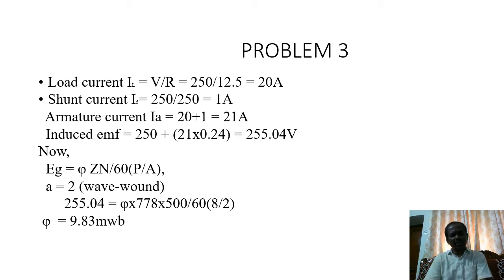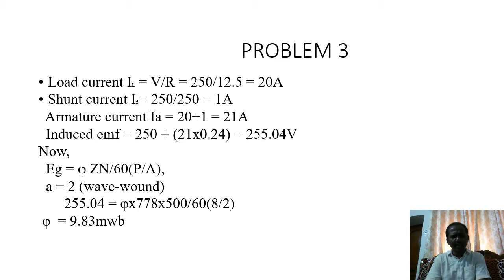Let us see the problem. Load current IL is equal to V by R. Supply voltage 250, R is given 12.5. So 20 amp current. What is the load current? 20 amperes. Shunt current, because voltage V is connected parallel to the shunt field winding, Ish or If is equal to 250 by 250 is equal to 1 ampere.